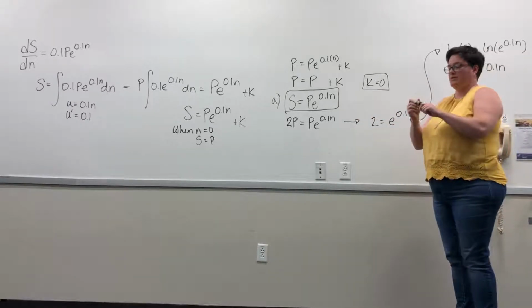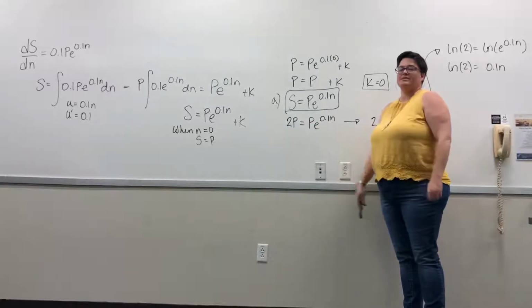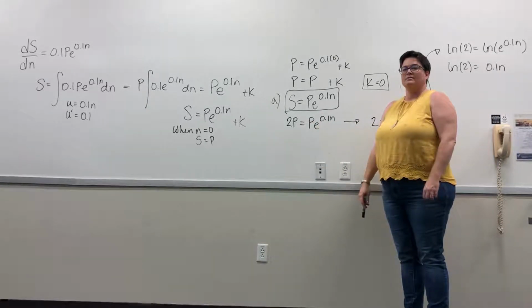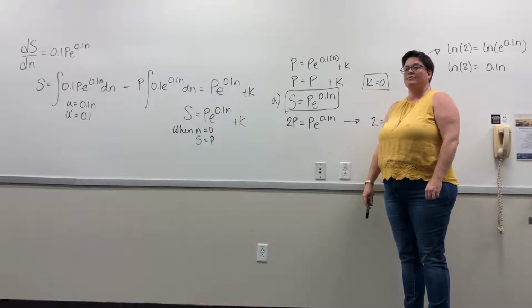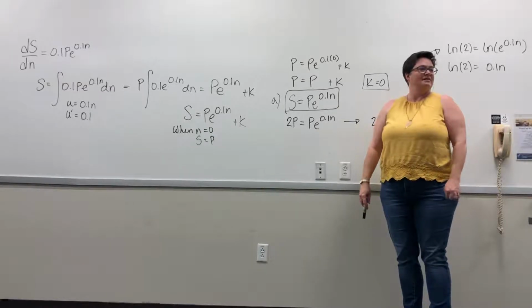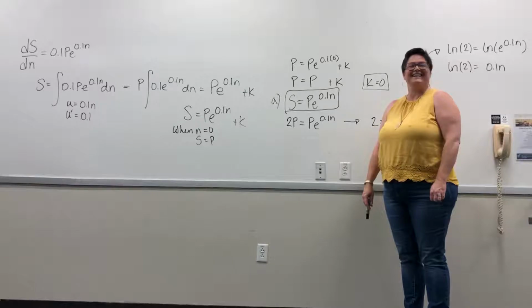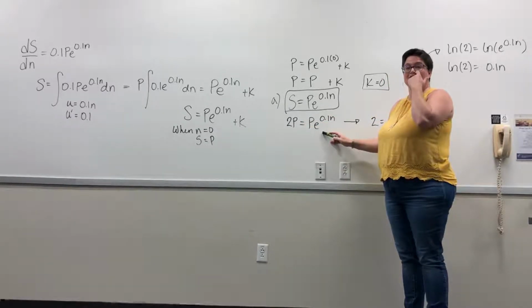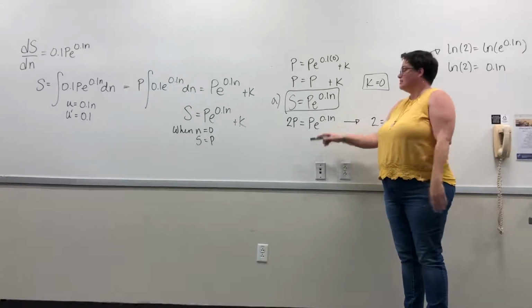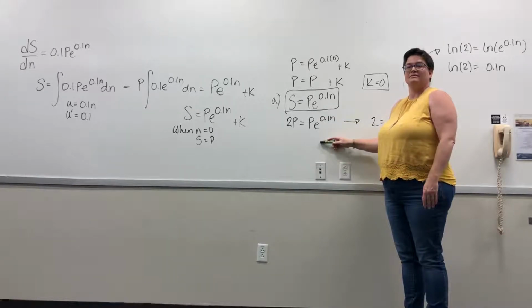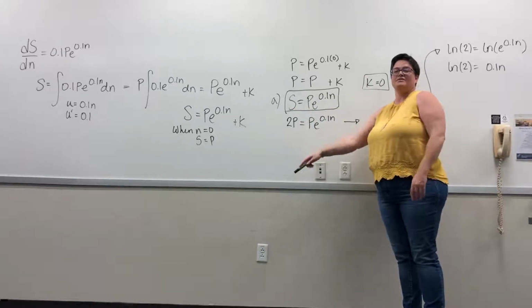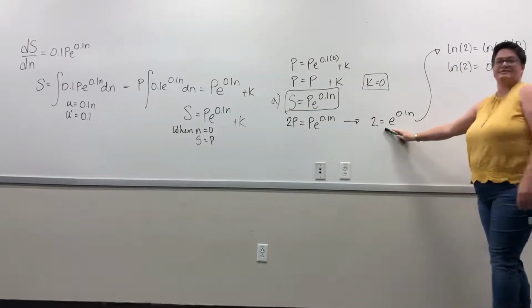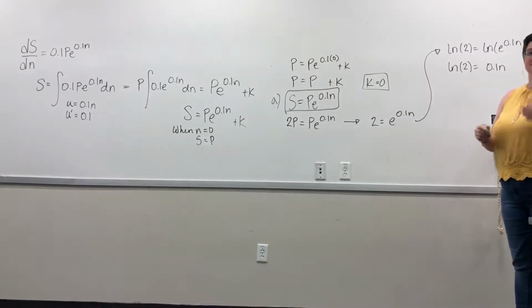Well, if I have a P on both sides and I divide both sides by P, what happens? Poof, they disappear. If I divide this side by P and this side by P, which you can do because algebra, the P over here goes away too. So the Ps are gone. So far, so good.